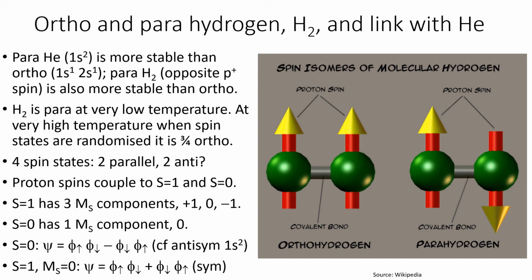And this is quite historically interesting, because it turned out that hydrogen at very low temperatures really had bizarre thermal properties. So its heat capacity and things were not what was supposed to be observed. And it was to do with the fact that this whole question about symmetric versus antisymmetric wave functions was putting limitations on the rotational states of the molecule, and that was affecting the thermal capacity of hydrogen at very low temperature.